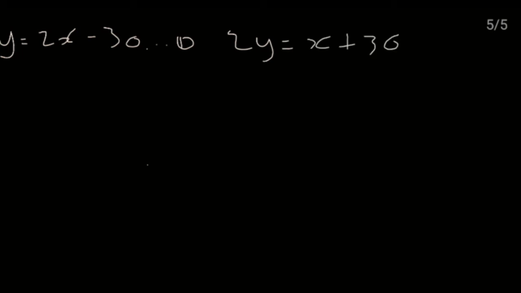So let me quickly rewrite it. Equation 1 is y equals 2x minus 30. This is my equation 1. Equation 2 is 2y equals x plus 30, right? This is equation 2.